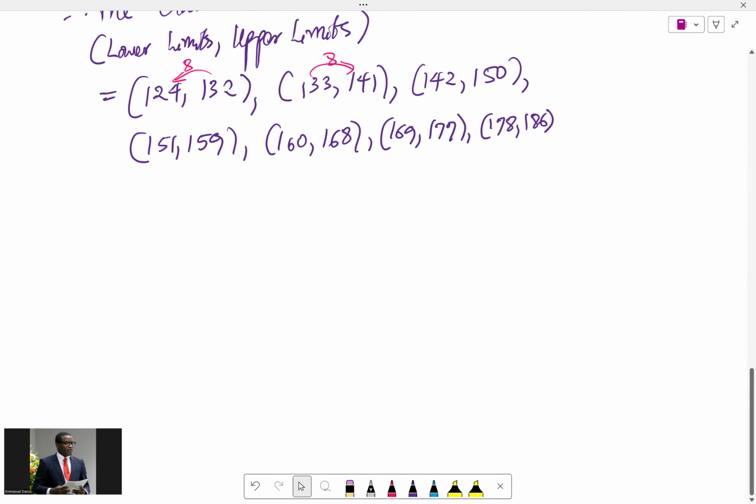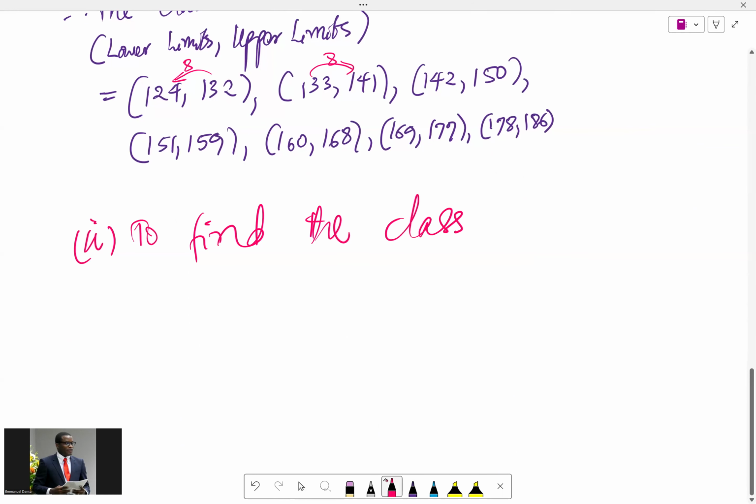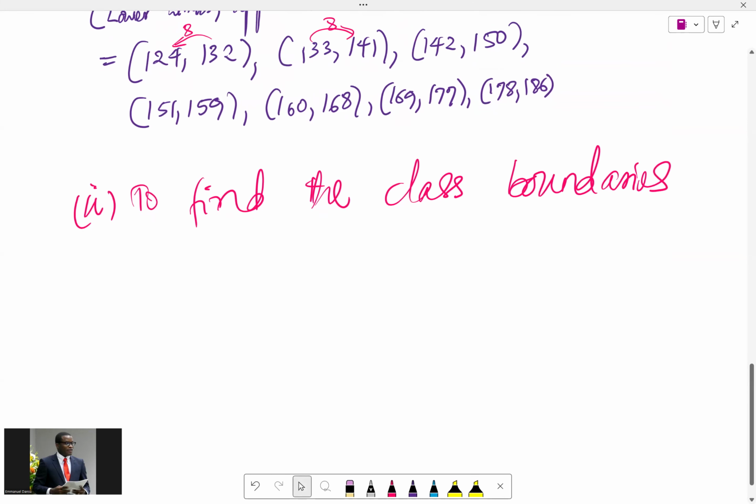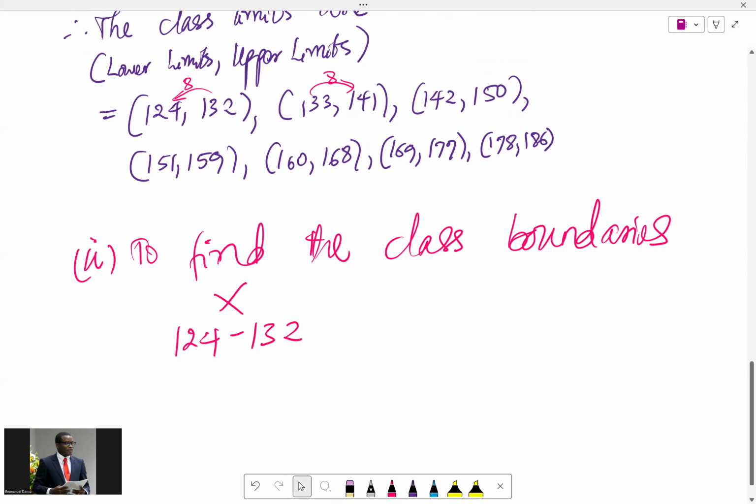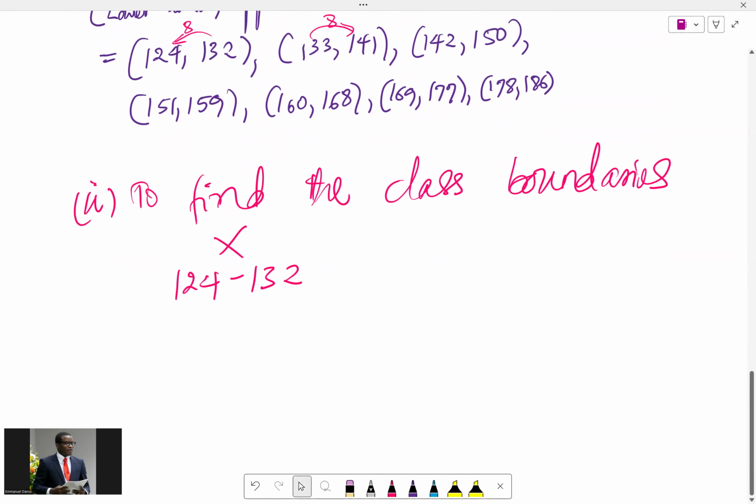To find the class boundaries. Normally you have 124 to 132. You have 133 plus 8, that's 141.